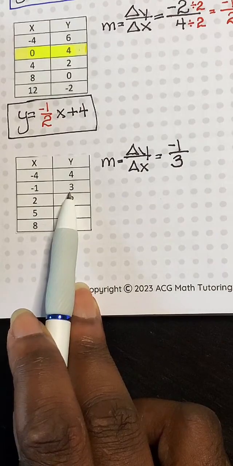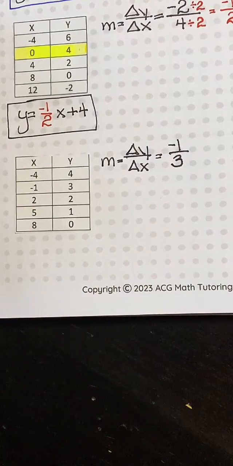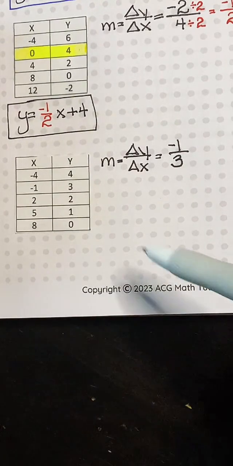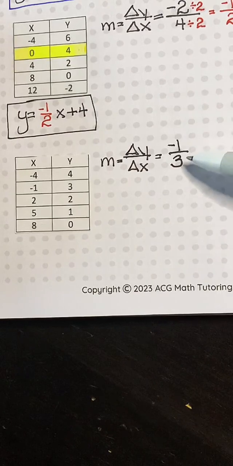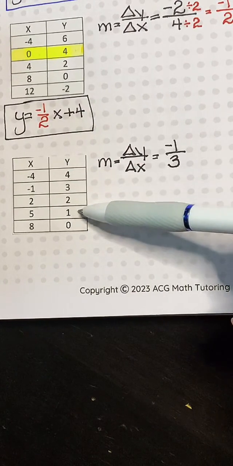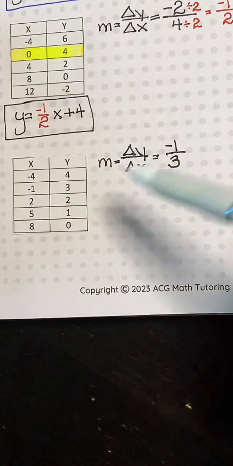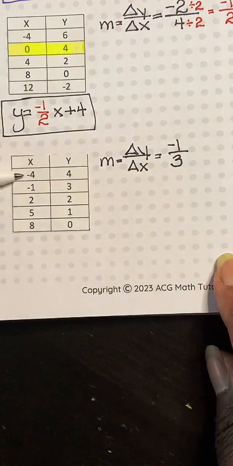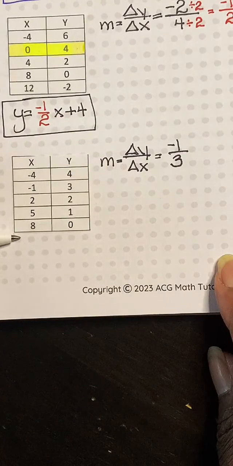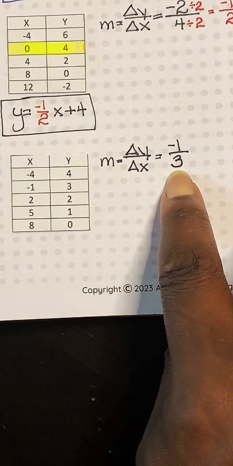Try again, beautiful. Okay, so I think because since the pattern of my y's was down 1, that makes it a -1. Since the pattern of my x's was a positive 3, my denominator is 3.